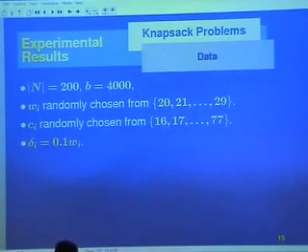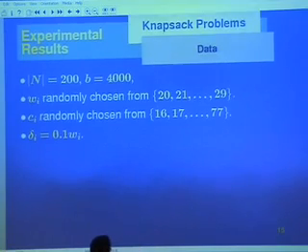And I pick some data to illustrate the point. I have 200 variables. Each wi is chosen in this simulation experiment to be 20, 21, or 29. And the ci's are randomly distributed, and delta i is 0.1 wi. In other words, if wi is 20, the variable can be from 18 to 22.